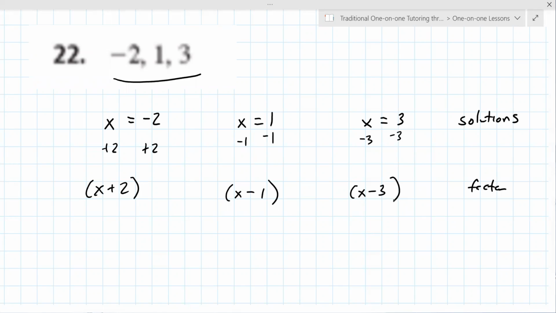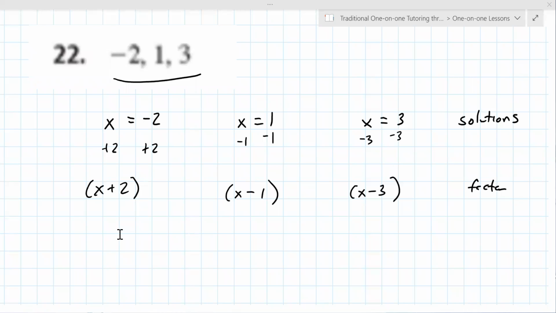Do you see the relationship between the factor and the solution? How x plus 2 is related to -2, x minus 1 is related to 1, x minus 3 is related to 3? Okay, because that's got to be super clear. Now in terms of what you're doing here, it says write a polynomial function with a leading coefficient of 1 and the given zeros.